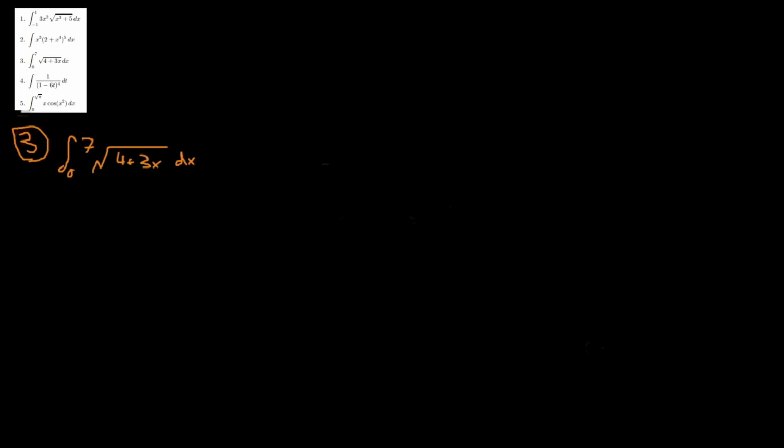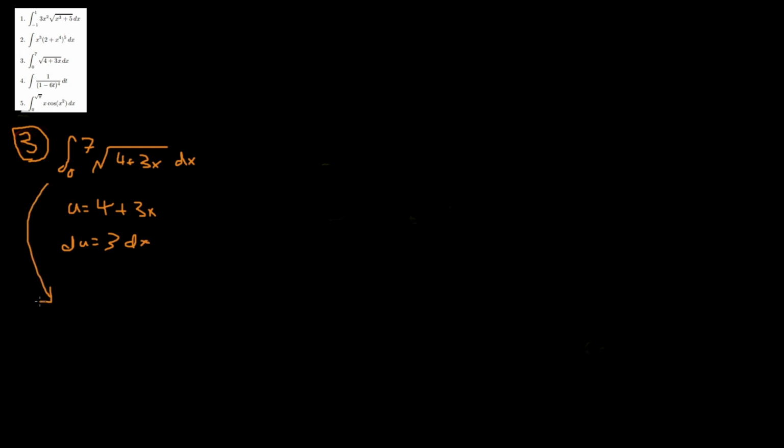Okay, so we're trying to find the definite integral from 0 to 7 of the square root of 4 plus 3x dx. So we can let u equal 4 plus 3x. So du is just 3 dx.